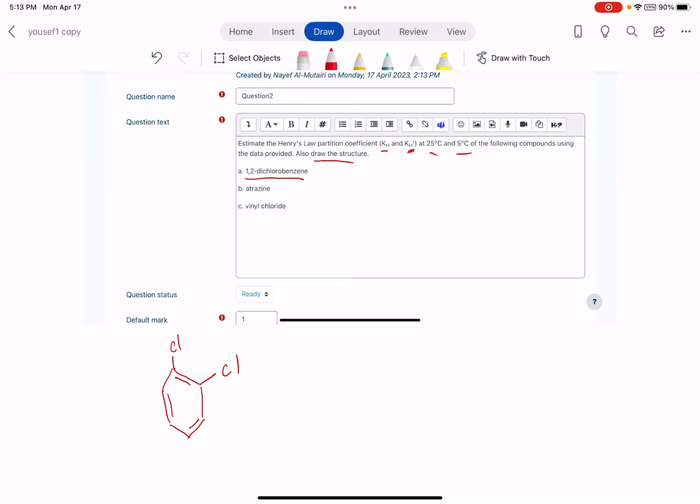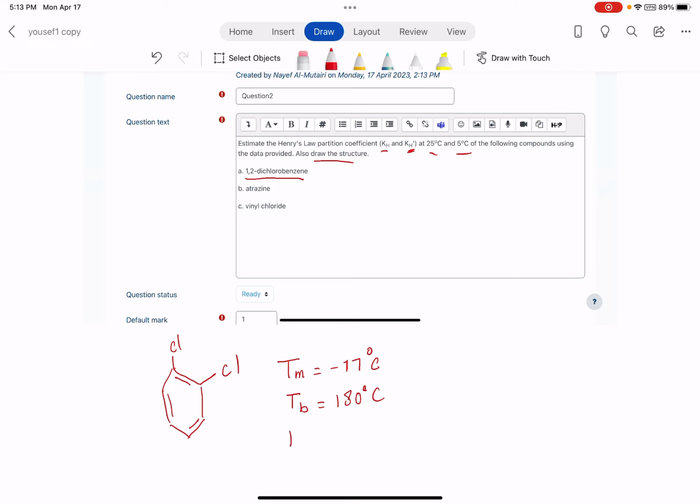The data is not provided, but you have to go to the textbook and find out the data. What is the melting point, melting temperature? If you go to the book, it is minus 17 Celsius. What is the boiling point of 1,2-dichlorobenzene? The boiling temperature is 180 Celsius.